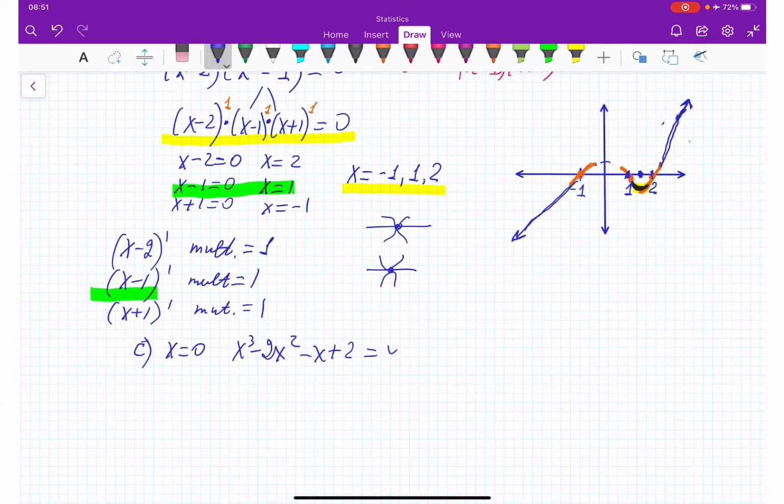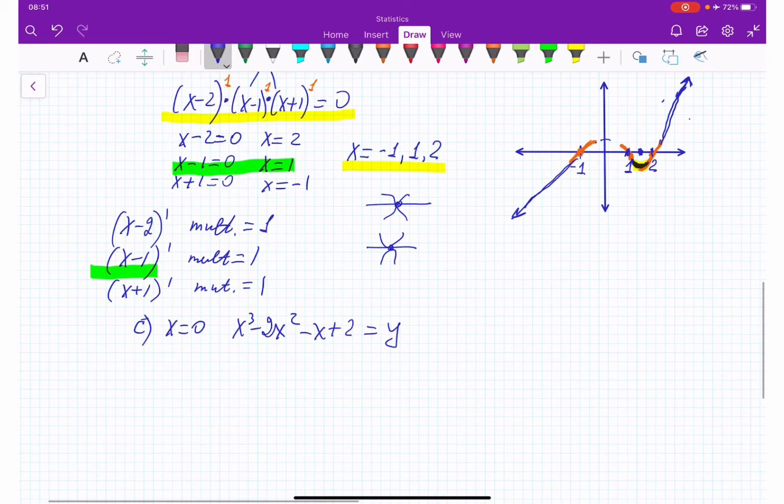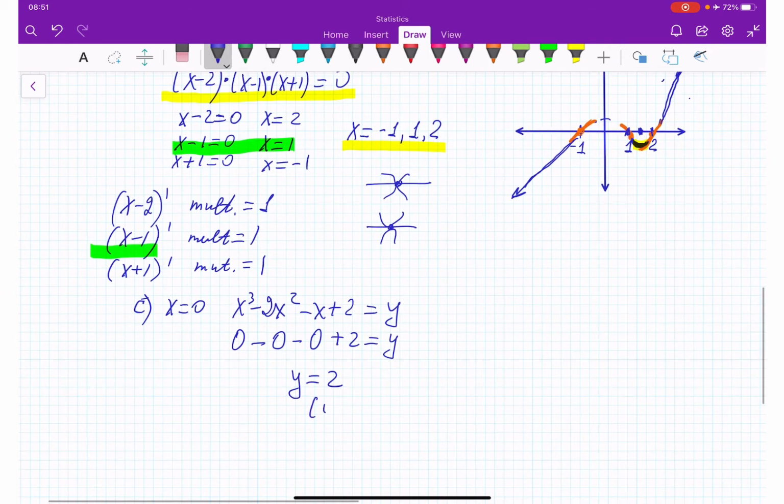It's equal to our y, right? So if I plug in 0, this is going to be 0, this is going to be 0, this is going to be 0, plus 2. So my y-intercept has coordinates (0, 2).